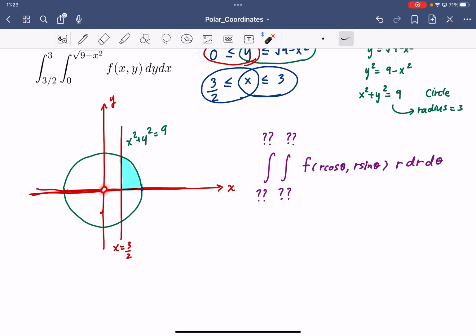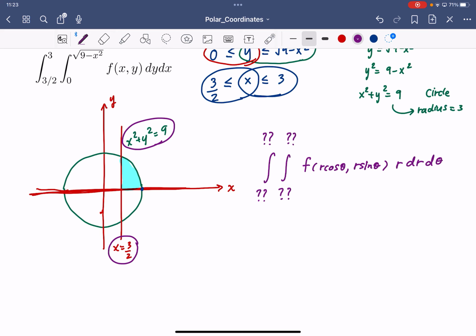So imagine that you start from the pole and then you do the slice here, which means every time you do the slice, like the ray here, you start from this curve and then you hit this curve, right? So basically you need to start from this one up to this one.